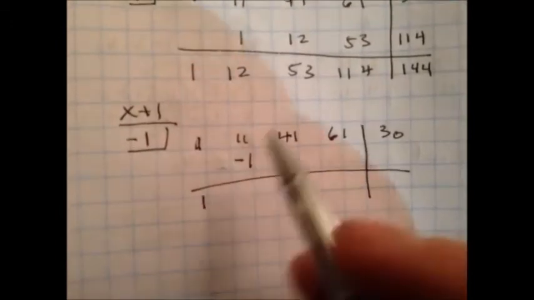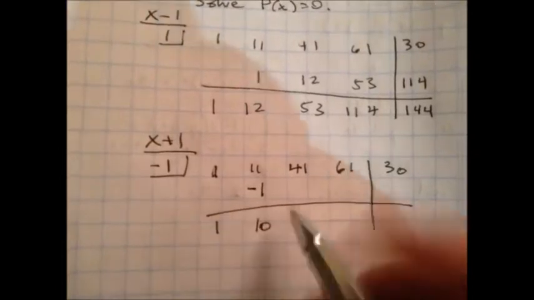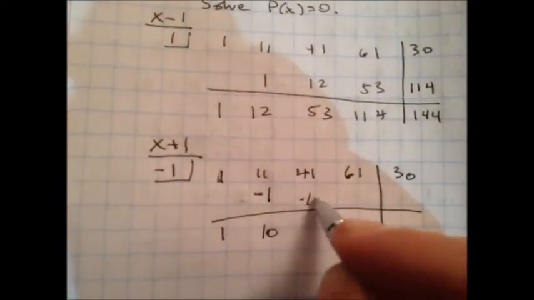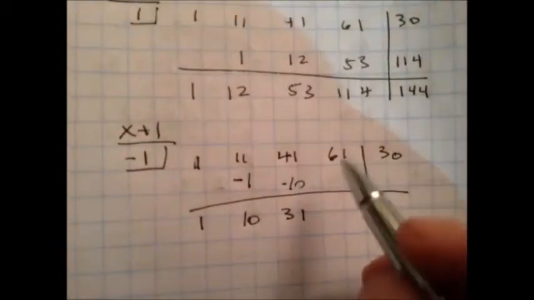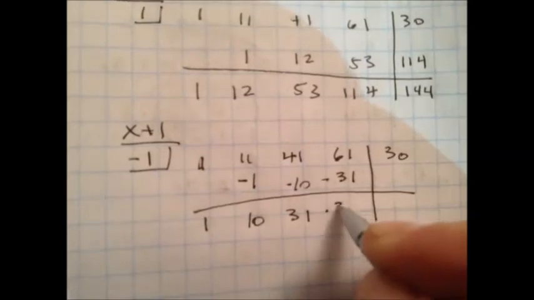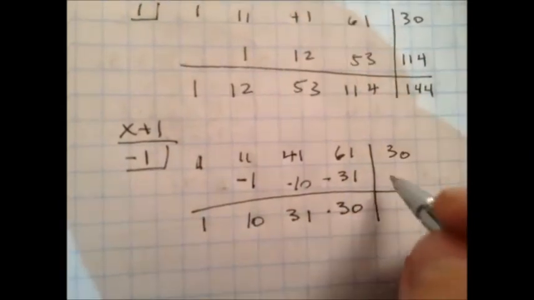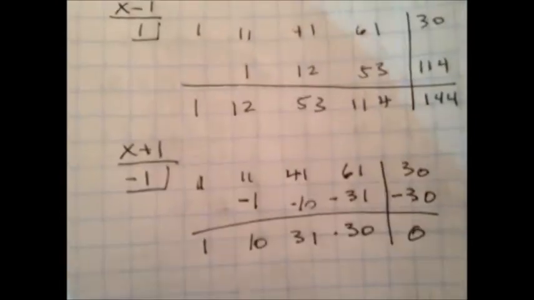Right, so then negative 1 times 1 was negative 1. That gives me 10. 10 times negative 1 is negative 10, which is 31. Then negative 1 times 31 gives me negative 31, so it's 30. Negative 1 times 30 is negative 30, which I notice gives me 0.